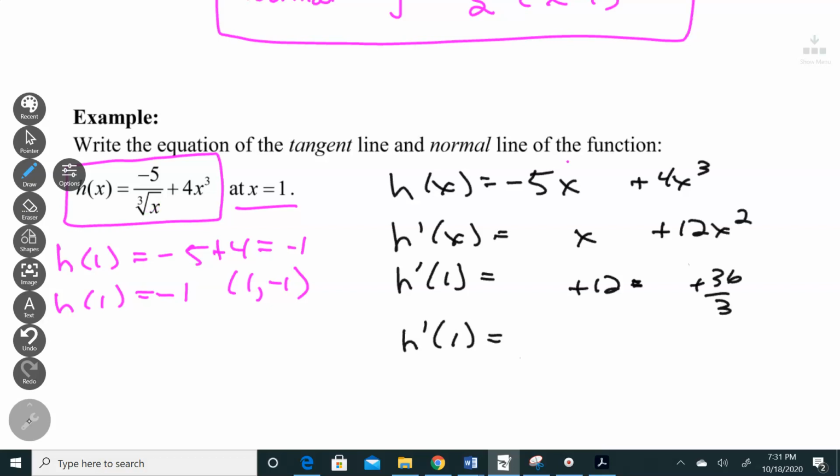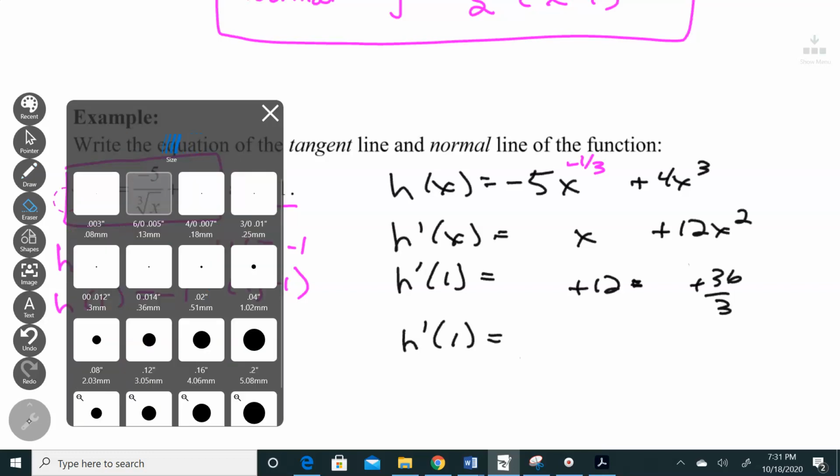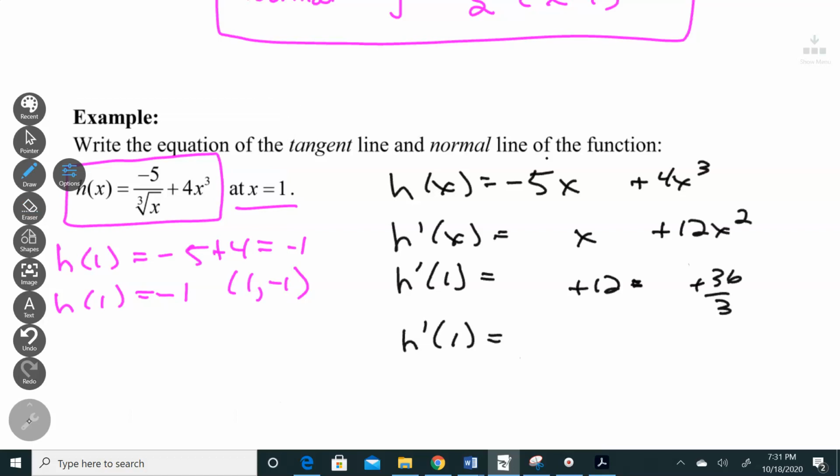This is x to the negative 1/3. So this is 5/3 x to the negative 4/3. And when I plug in 1, I get 5/3 plus 12, which is 5/3 plus 36 over 3. So I get 41 over 3 as my slope of the tangent line.